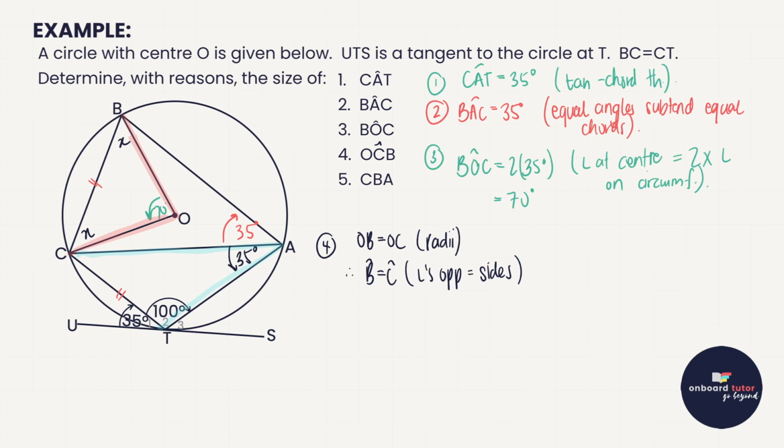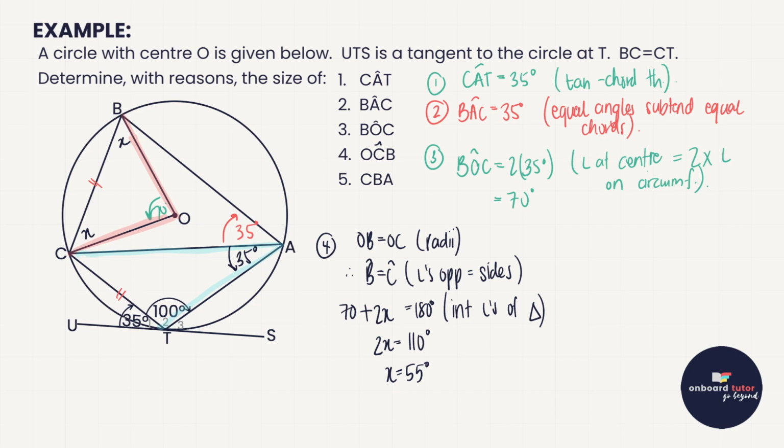That's up to you. Now we can say 70 plus 2x, those two things I've given there, adds up to 180. That's the interior angles of a triangle. And now we can just work that out. Take the 70 across. 2x equals 110. So x is equal to 55 degrees.